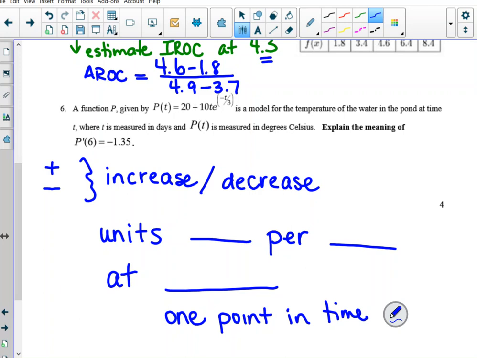So the verbal meaning of this derivative statement. Couple things. This is a negative value, so this derivative statement represents a decrease.